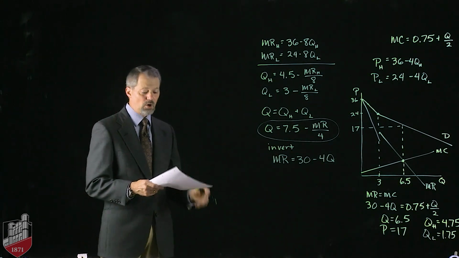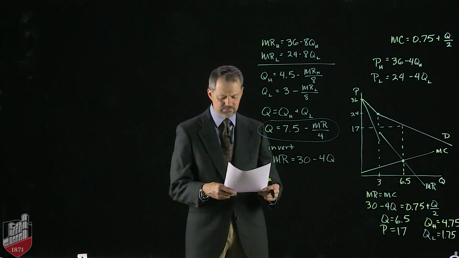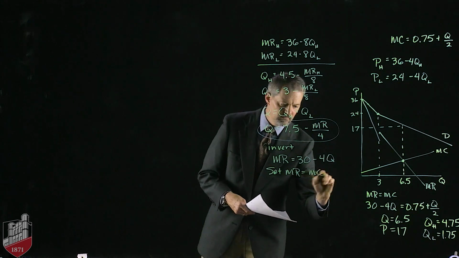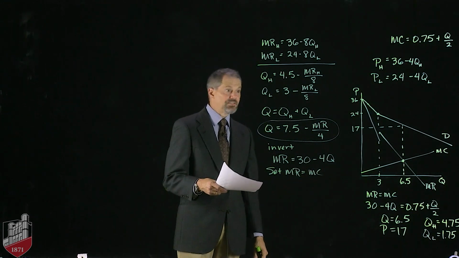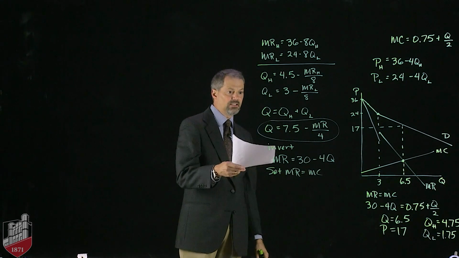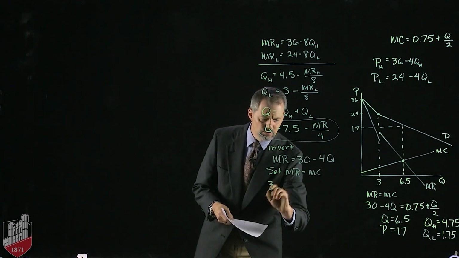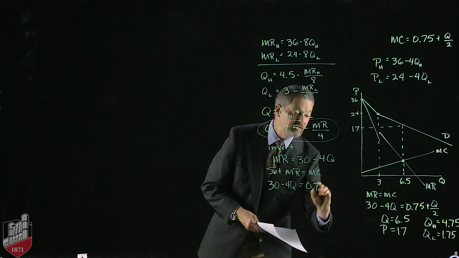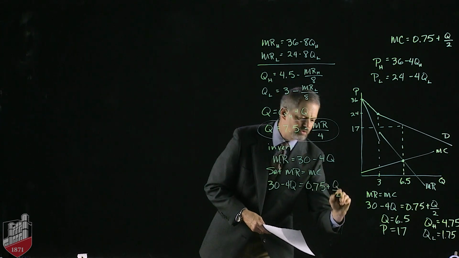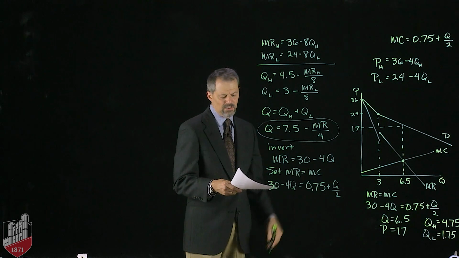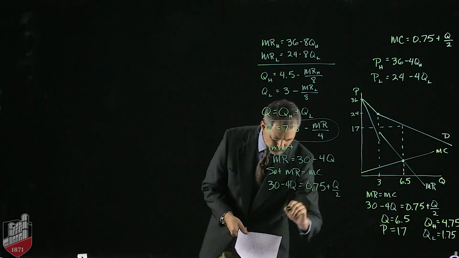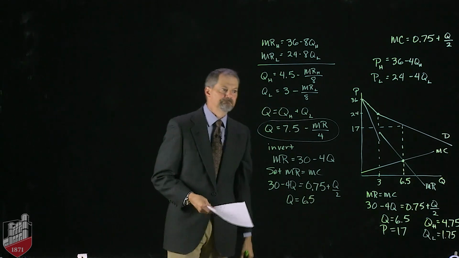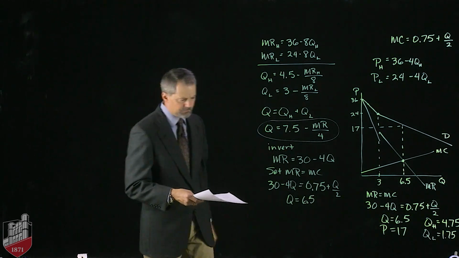Now I'm going to set marginal revenue equal to marginal cost. So I'm going to be setting 30 minus 4Q equal to 0.75 plus Q over 2. When you work through the algebra, you're going to end up getting Q equals 6.5. Now, here's what's important.